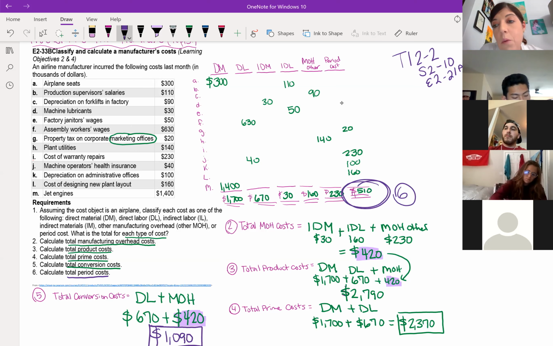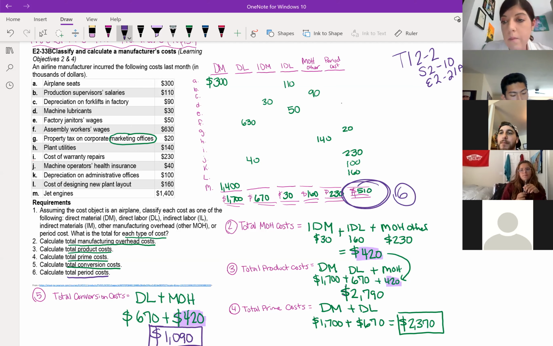And anytime you want to practice additional problems, if you look up here where it says learning objectives 2 and 4, you just go to chapter 2 in the study plan and find those 2 learning objectives, and all of the problems related to those learning objectives come up, if you want more practice.